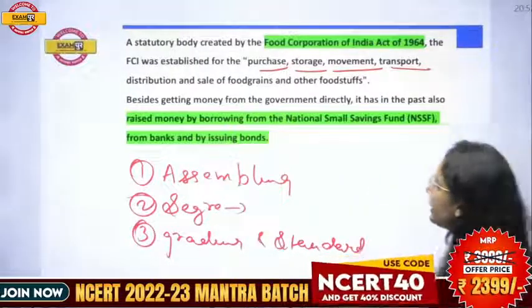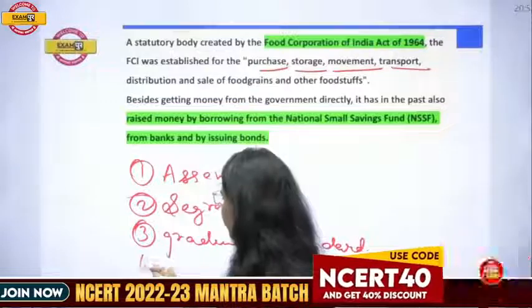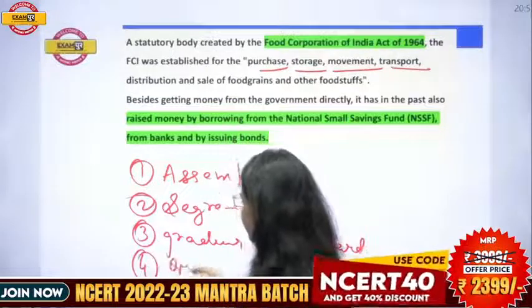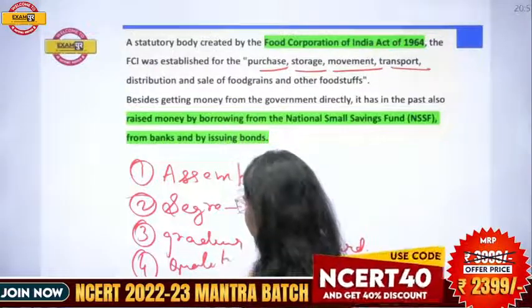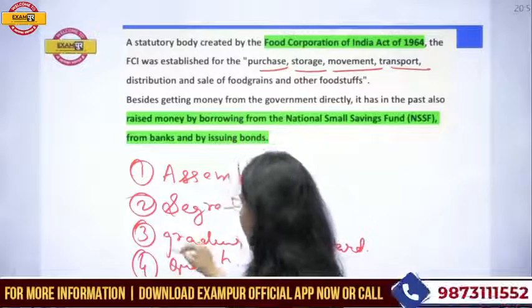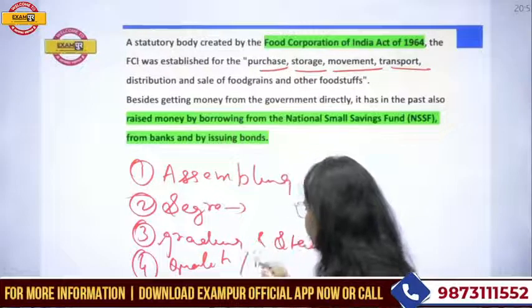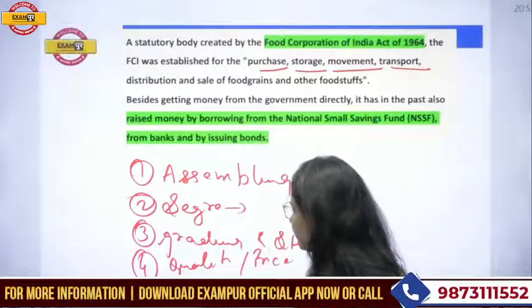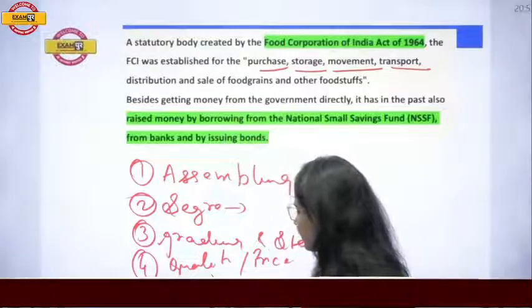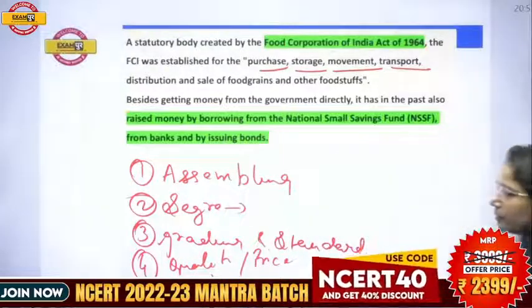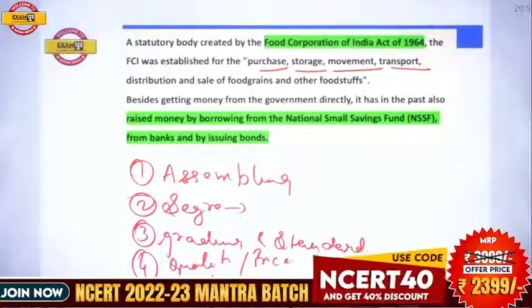You can just maintain that. Then we have to maintain the quality basis, segregation. Fifth is the price determination, then the distribution. These are the steps to be undertaken by the FCI.